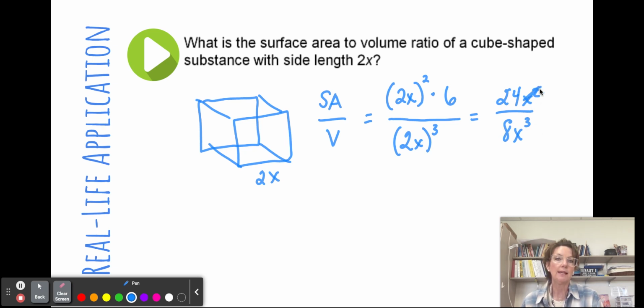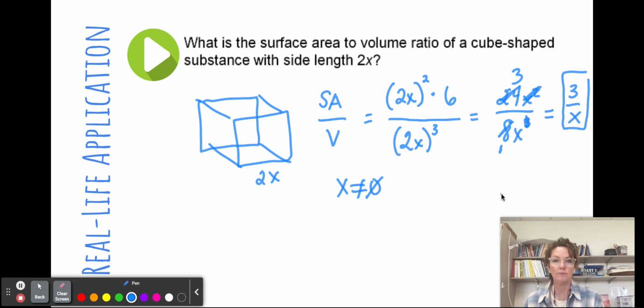So 2 x's can cancel, and it'll cancel to 1x in the denominator. The 8 goes into 24 3 times, and so I basically simplify down to 3 over x. And my excluded value would be that x cannot equal 0. So this would be my final simplified surface area to volume ratio after calculating it.